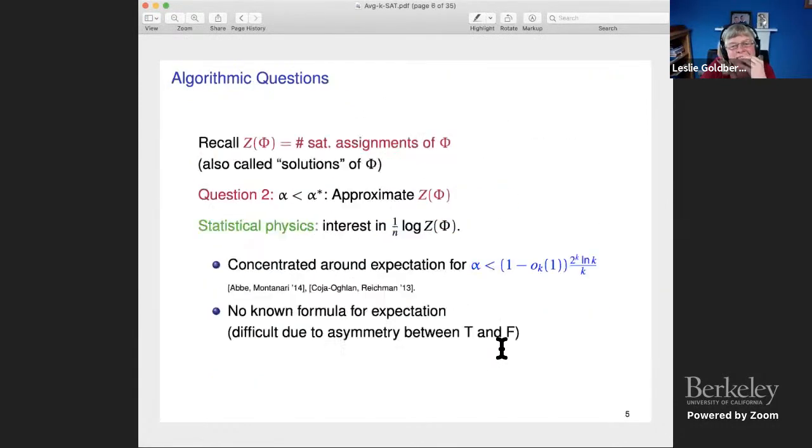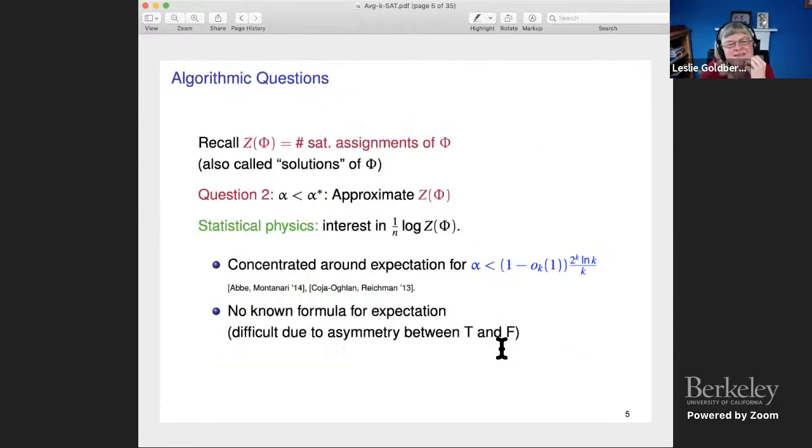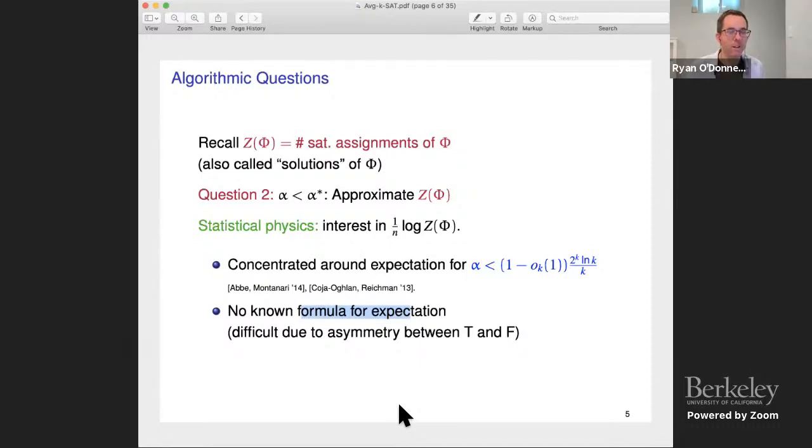If you were looking at methods like concentration around the expectation and then trying to compute the expectation, this should be easier for not-all-equal SAT. But those of you that are experts, I don't know what the bounds are and what's known.